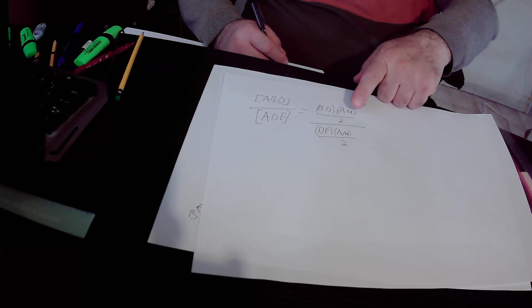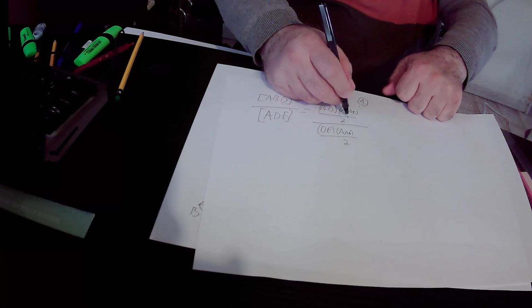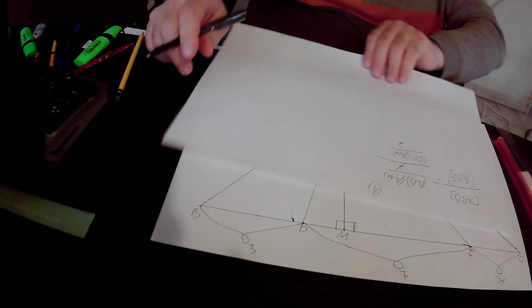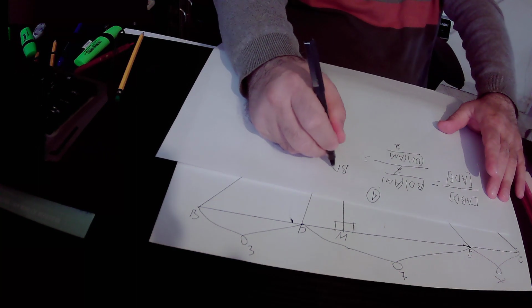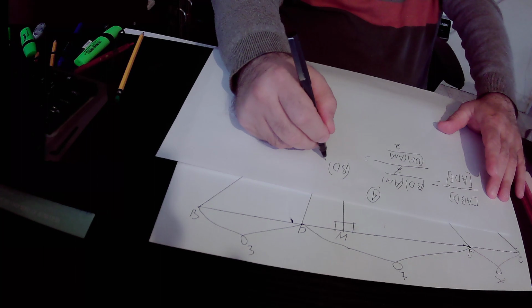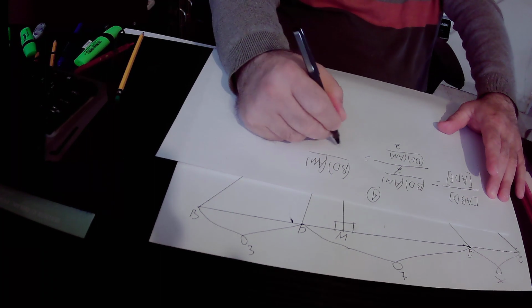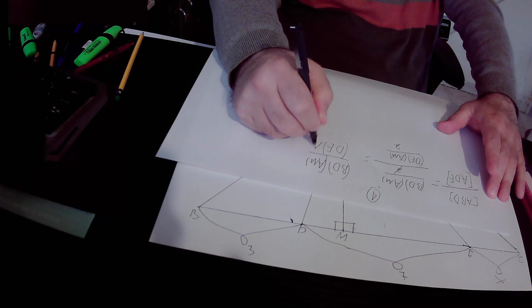Here we have 2 in the numerator and 2 in the denominator, so the 2 will get cancelled, and what is left after we cancel 2 is BD times AM over DE times AM.